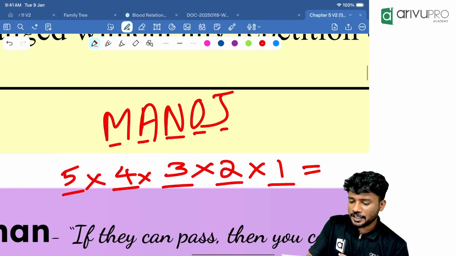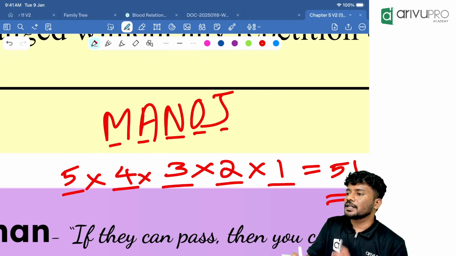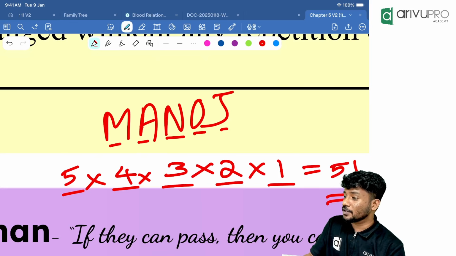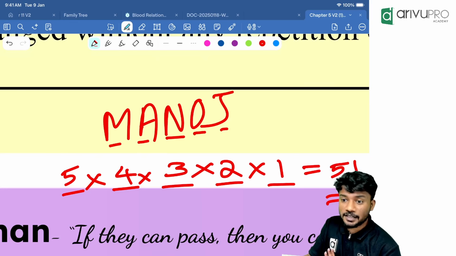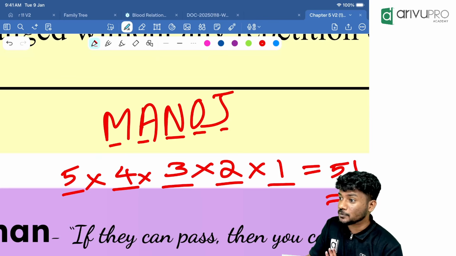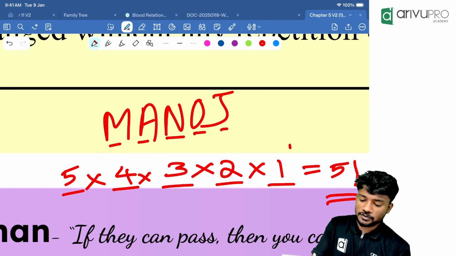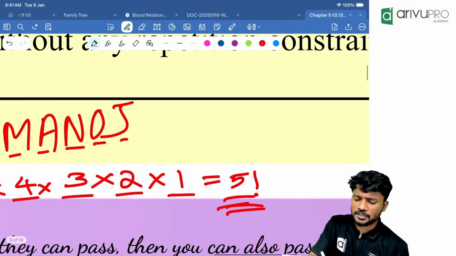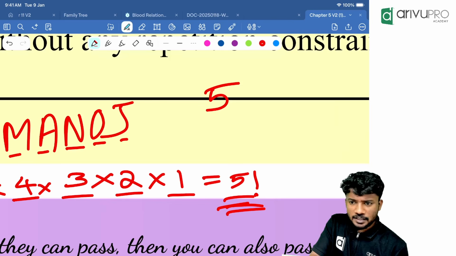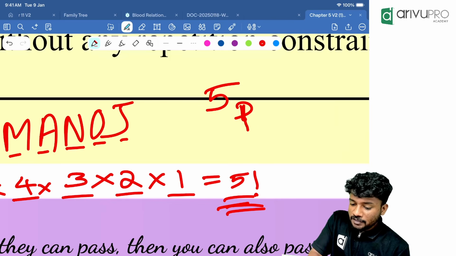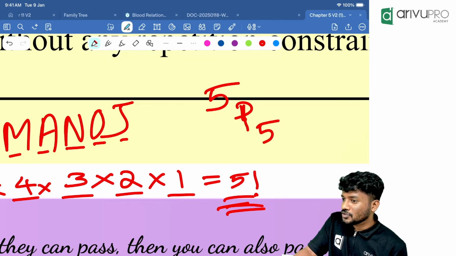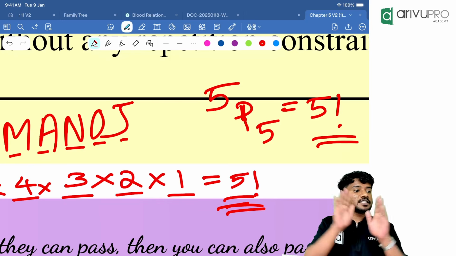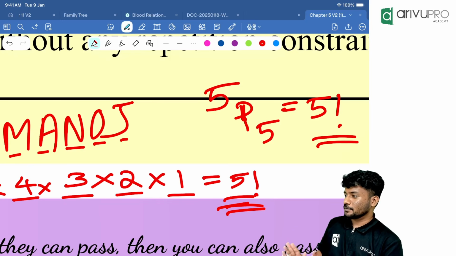This is nothing but 5 factorial. When repetition is not involved, we will directly write n factorial, right? The number of letters arranged is n factorial. So from this we get 5 factorial. Or you can write that 5 vacant places are there, and 5 letters are there to sit, so 5P5, which is 5 factorial. Whichever you are comfortable with, follow that.